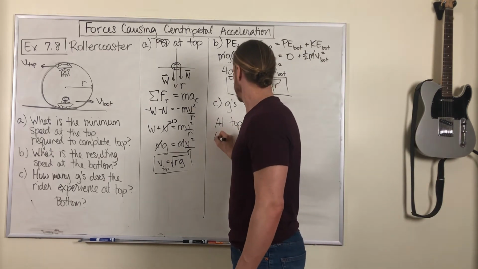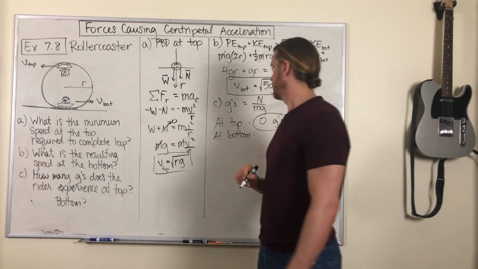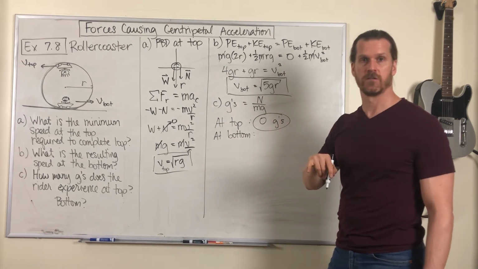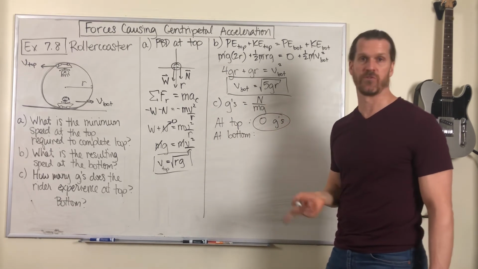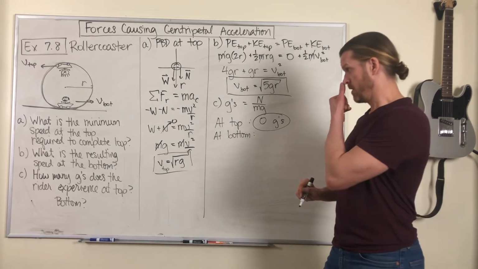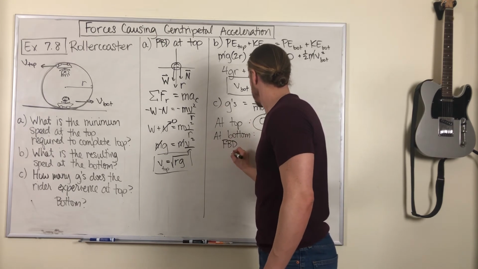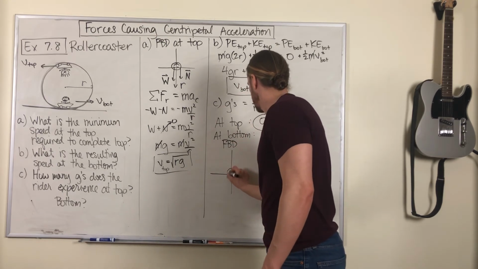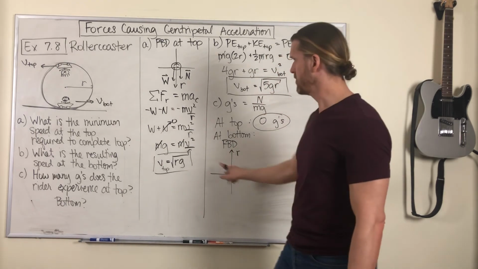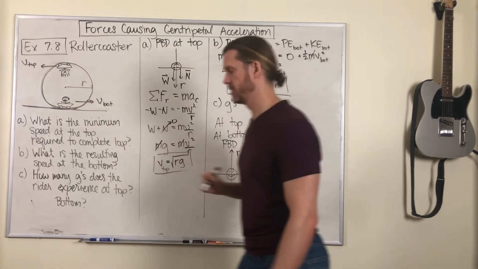At the bottom, well, we need to do another quick Newton's second law analysis to figure out what the normal force is at the bottom, because we didn't figure that out yet. So let's draw a quick free body diagram. There's the rider at the bottom of the loop. Keep in mind that at the bottom, the radial direction toward the center of the circle points up.